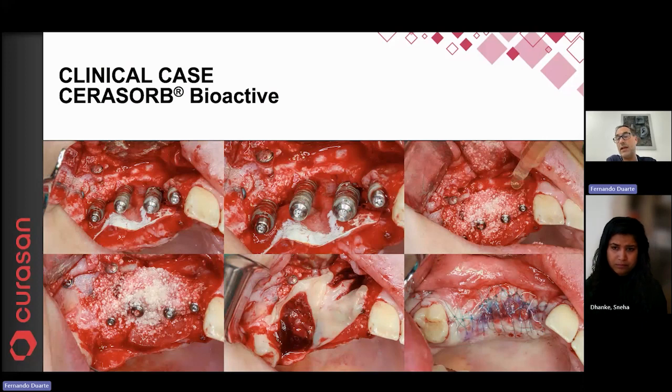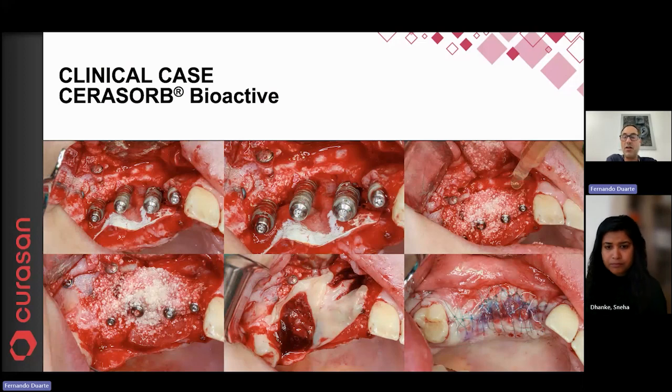As you can see there, we filled our bone defect, the threads that were exposed, now only with bioactive. Ceresorb bioactive was our only biomaterial for this second step of the surgery. We also put some fibrin glue, natural fibrin, with extract from the blood of the patient. As soon as we place the biomaterial in contact with bone, it is amazing, because you see by the color the white changing to red.